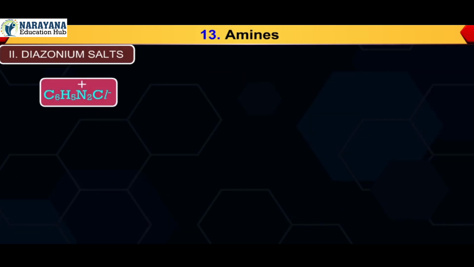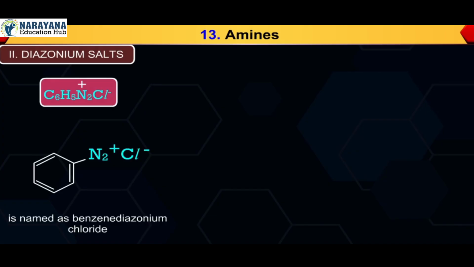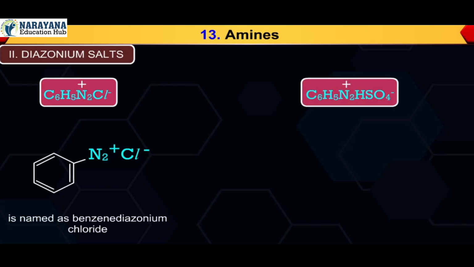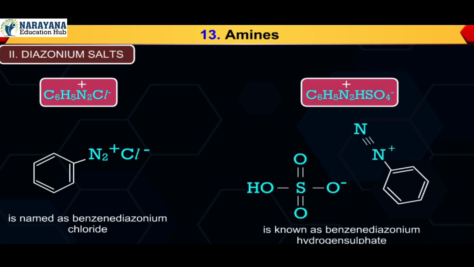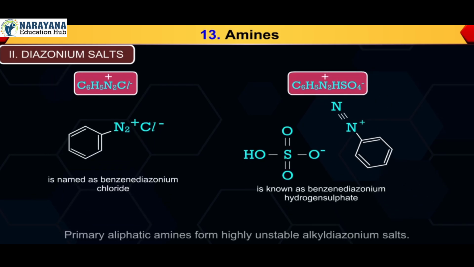For example, C6H5N2+Cl- is named benzene diazonium chloride and C6H5N2+HSO4- is known as benzene diazonium hydrogen sulfate.